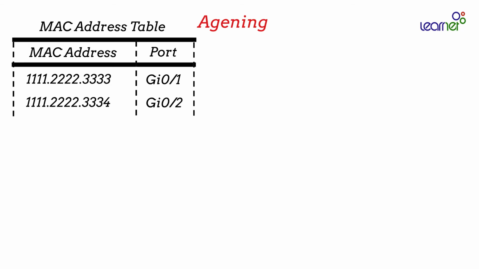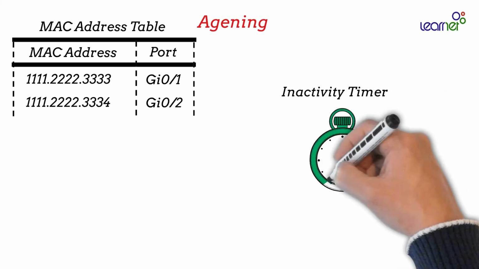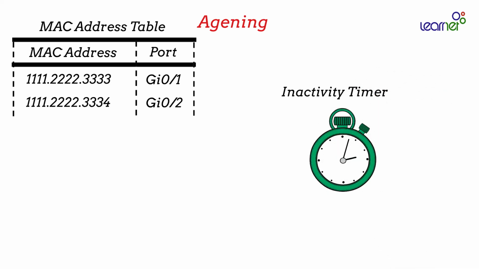So, what should a switch do when it reaches the point that there is no more capacity for newcomers? Switch will consider a timer per entry. This timer is called Inactivity Timer. Whenever switch receives a frame from a sender, it resets the sender's entry timer in the table.